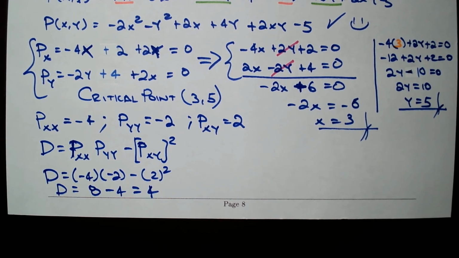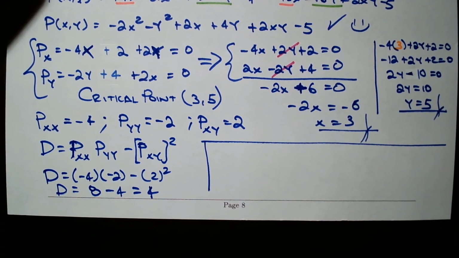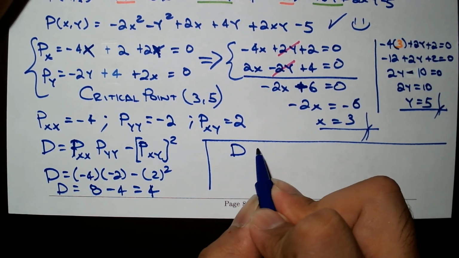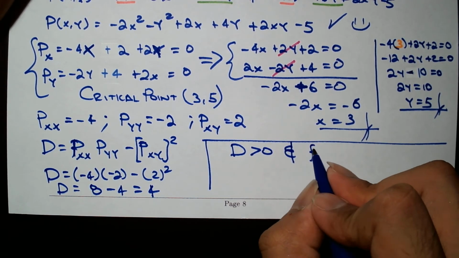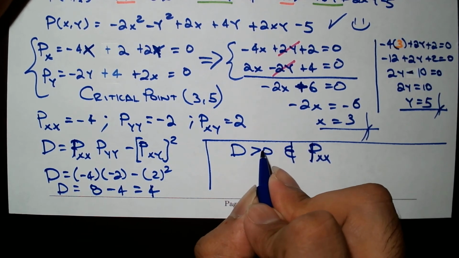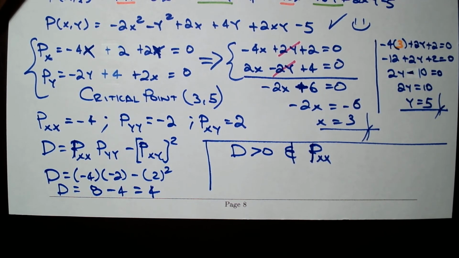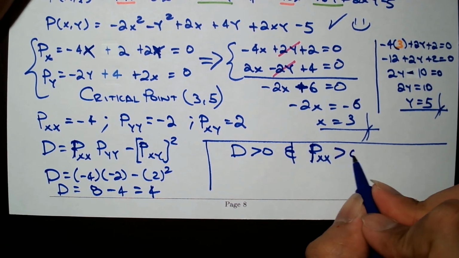All right. So now let's find the conclusion, the grand finale. Well, almost there. In this case, we have D is positive, and we need to find P double x. Otherwise, if D is negative, then we don't care about the sign of the second derivative, because in that case, we already know that it is a saddle point, a Pringles chip. In this case, these are both positive.